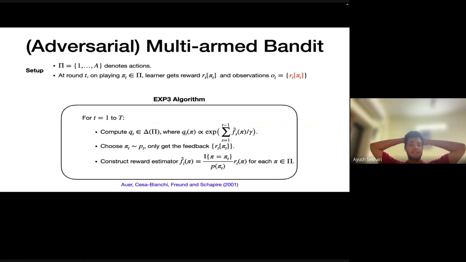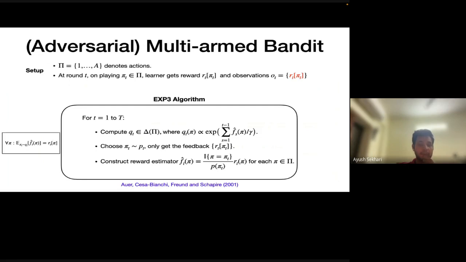Now, the algorithm that solves this problem is the EXP3 algorithm, which is a simple extension of the experts algorithm that I discussed earlier. Here, again, we compute a distribution QT over the decision space, and then every round, sample the policy to play using the distribution QT that we computed. But because we only get partial feedback corresponding to the action that we played, we construct a reward estimator, which we denote by f hat pi, as shown in the slide, that is plugged back into the exponential weights algorithm and so on.